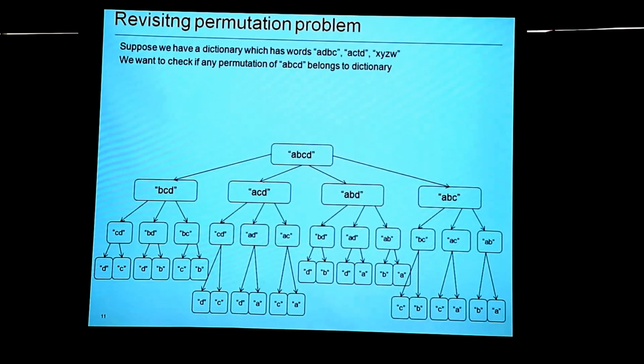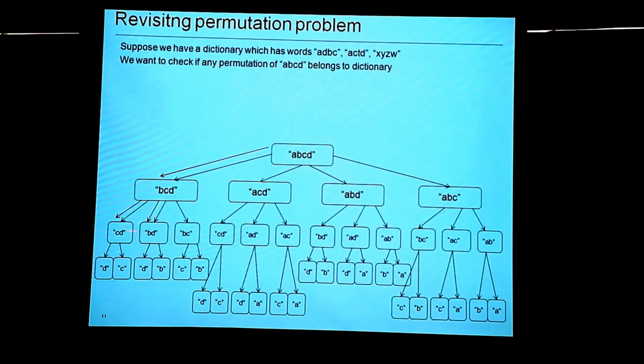Here one possible choice of backtracking is that you start from ABCD and try to create one possible permutation, maybe starting with A, and then you have B. But since there are no strings in the dictionary which begin with that prefix, you can stop here. We will see this in detail later.